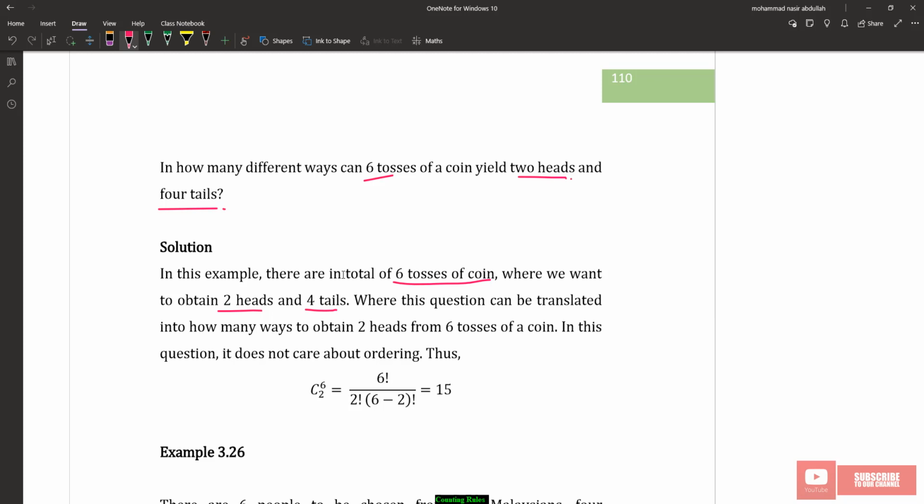This question can be translated into how many ways to obtain 2 heads from 6 tosses. Automatically, if we get 2 heads, the rest must be tails, because there are only 2 outcomes. We don't care about the ordering. So 6 choose 2 should be equal to 15. Use your calculator to calculate 6 choose 2.